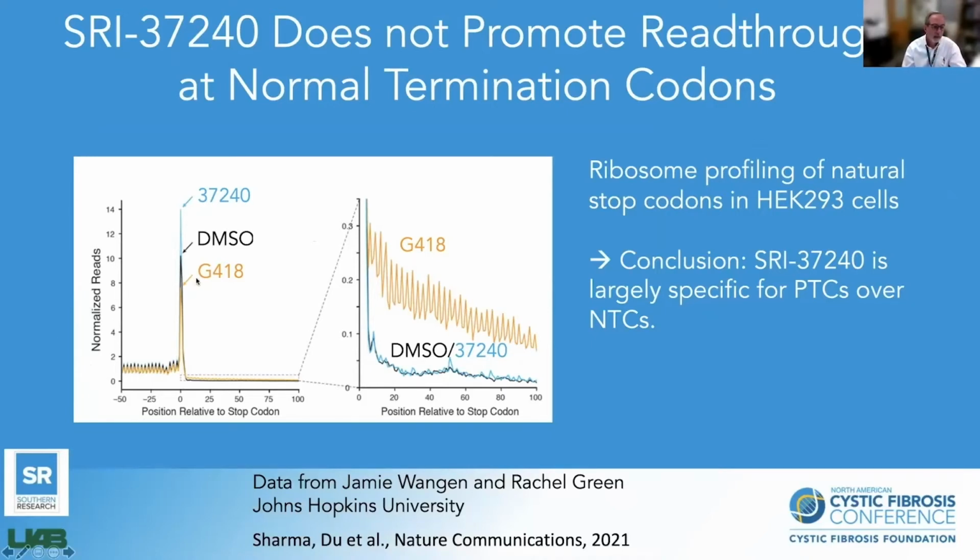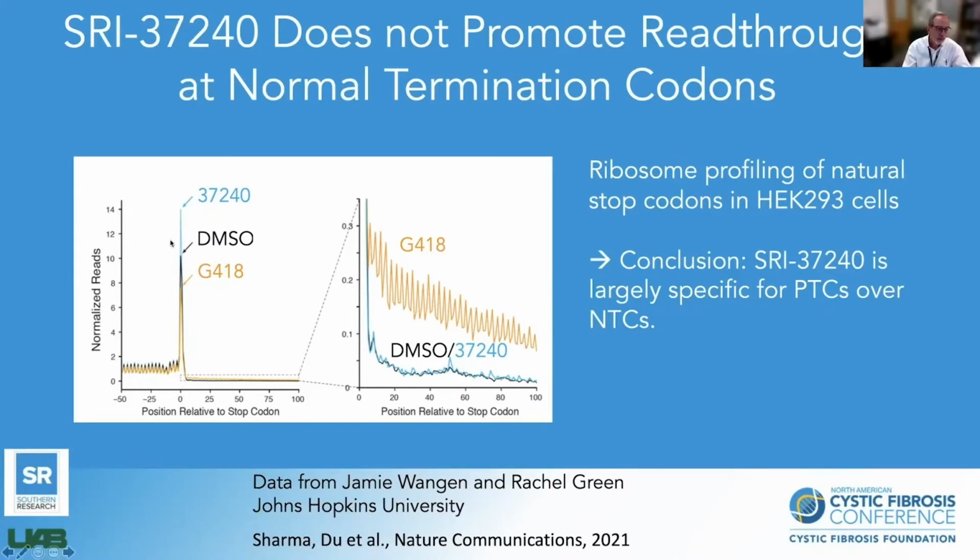And as you might expect from making the ribosome more accessible to read-through, we get a reduced peak on the stop codon. I should point out that this is looking at a large volume of normal stop codons in the cell. With these normal stop codons, G418 reduces the dwell time on the stop codon, suggesting that it's reading through, not dwelling on these and releasing more rapidly.